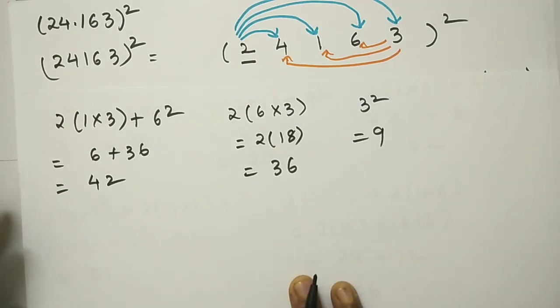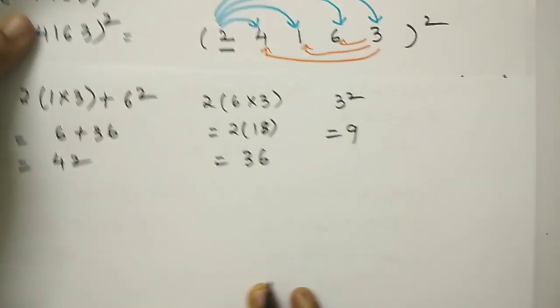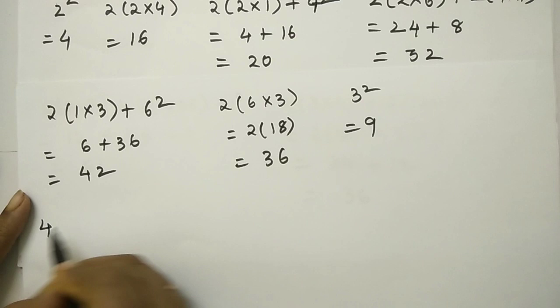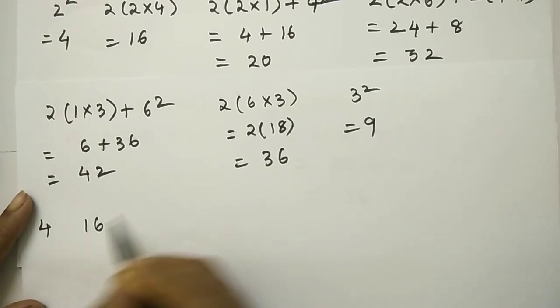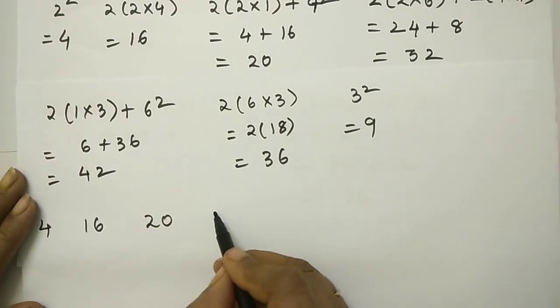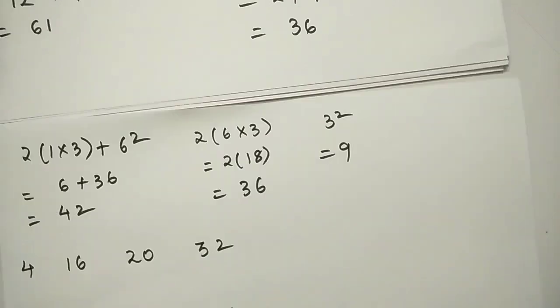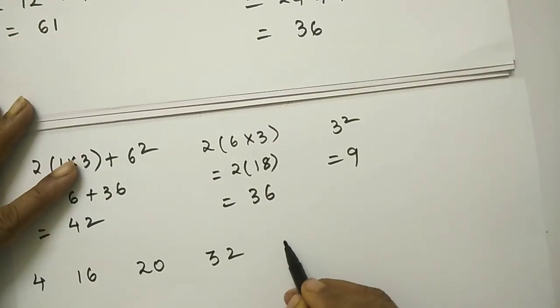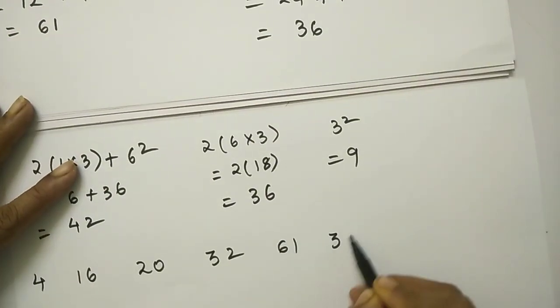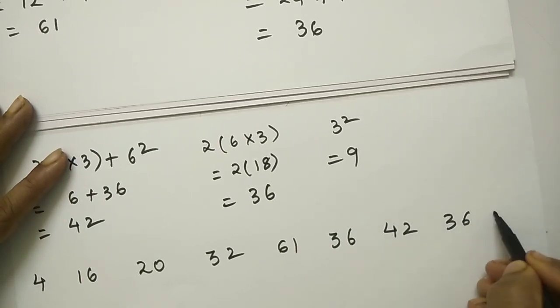So let us write the values which we got. So we got 4, 16, 20, 32, 61, 36, 42, 36, 9.